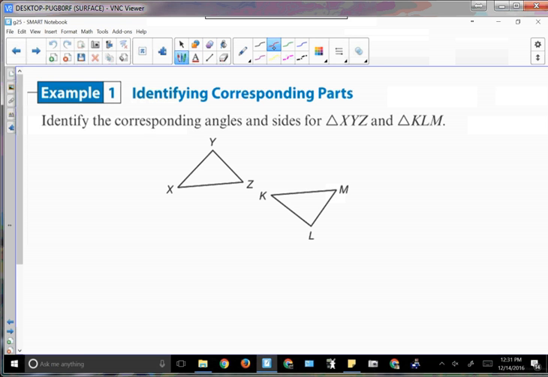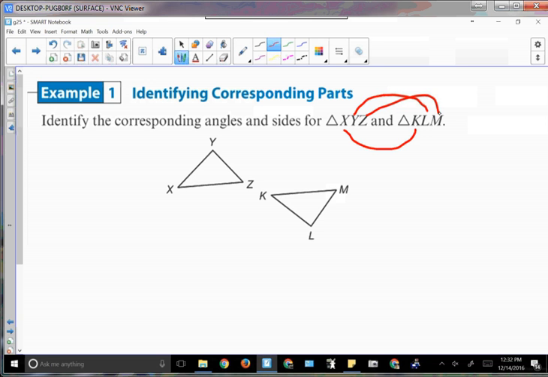Based upon what we see here, the X goes to the K. The Y goes to the L. And Z goes to M. Well, if we're just talking about corresponding parts, that's all that we need to deal with. Okay. This goes to that, that's all it is. So the order does matter.